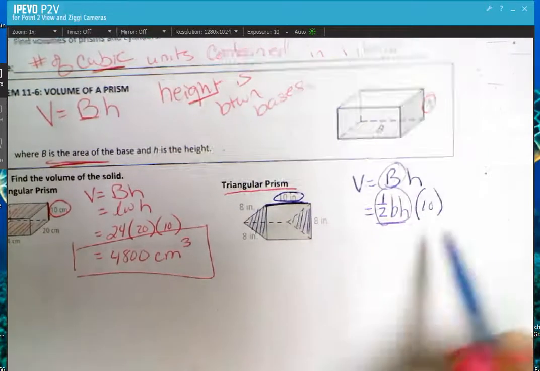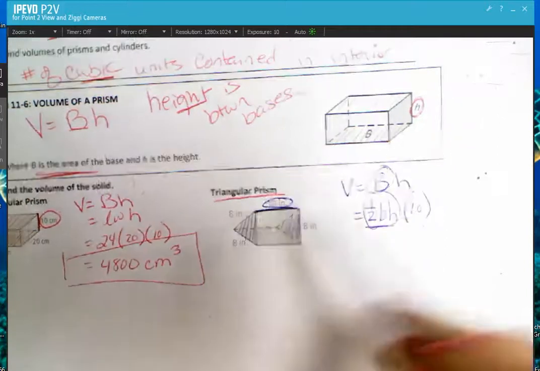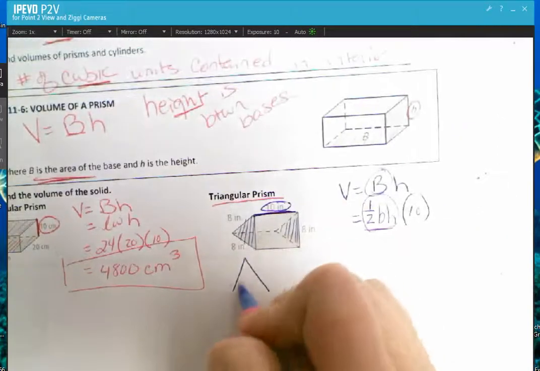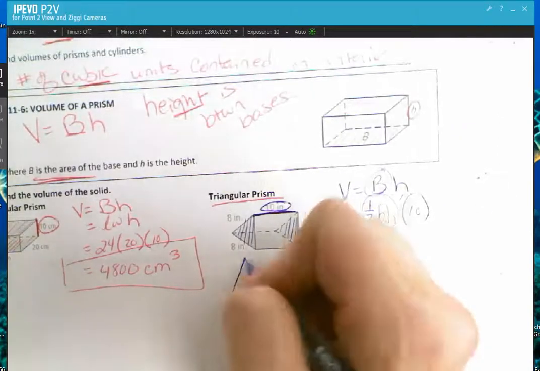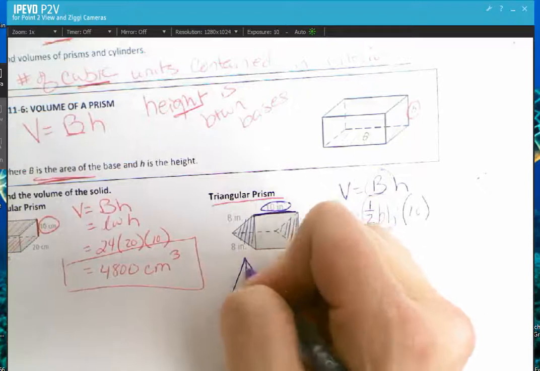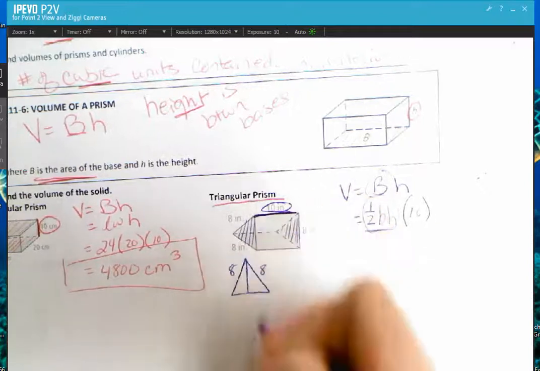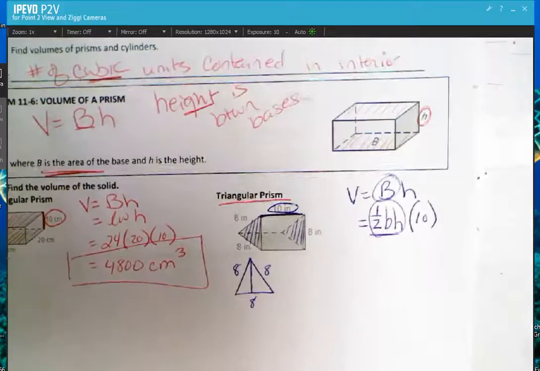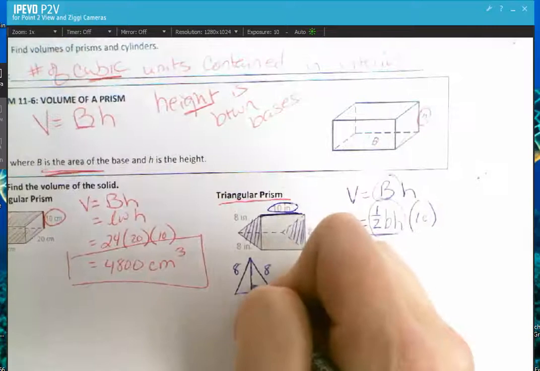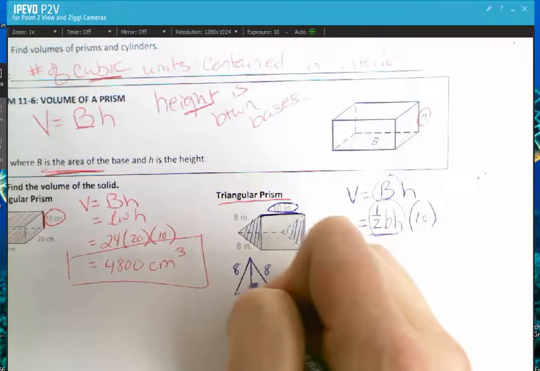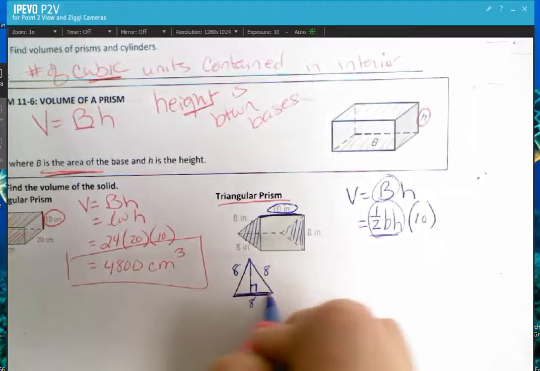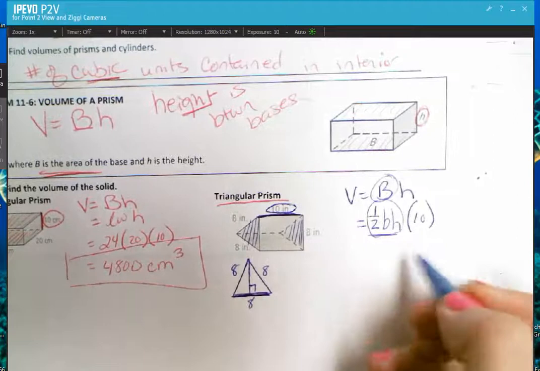Then I go through and try to find the area of the base. So I'm going to rewrite my triangle. I could also use 1/2 A times P to get me there as well. I know that's 8, and over here they told me it's also 8, so I have an equilateral triangle. I can find my height, because if I use 1/2 base times height, the whole base is 8.